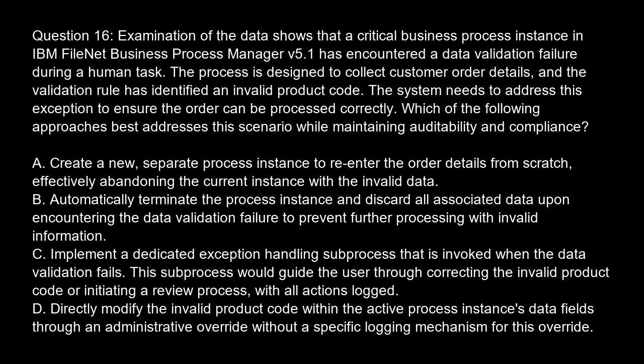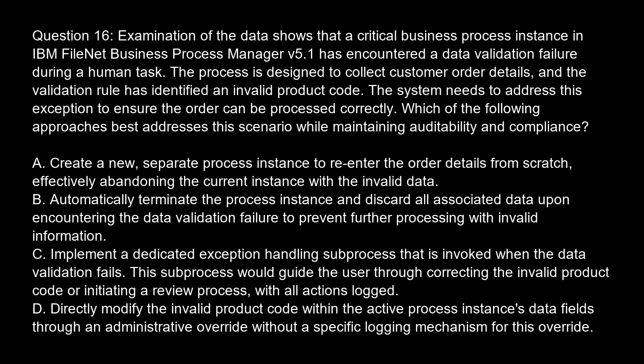Option A. Create a new, separate process instance to re-enter the order details from scratch, effectively abandoning the current instance with the invalid data. Option B. Automatically terminate the process instance and discard all associated data upon encountering the data validation failure to prevent further processing with invalid information. Option C. Implement a dedicated exception handling subprocess that is invoked when the data validation fails.